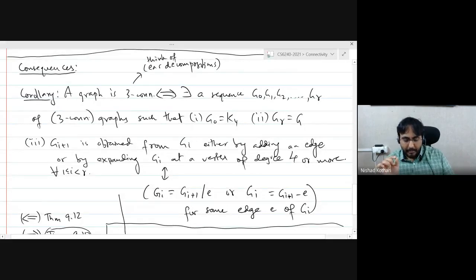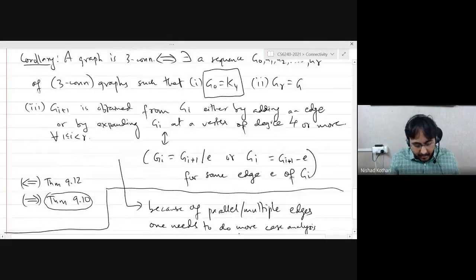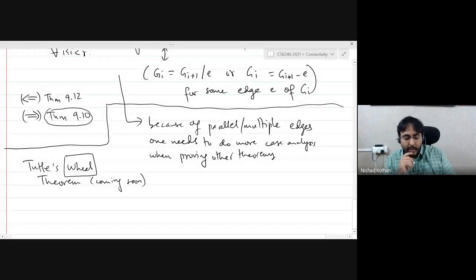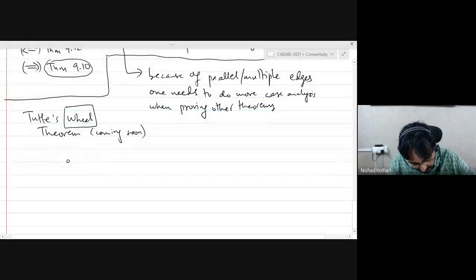What's the problem? You can't do it if you just start from K4. There are these graphs called wheels, which will not allow you to get such a result because they don't have any edge so that you can maintain the simple property of the graph. I'll give you a quick example. This is a wheel.